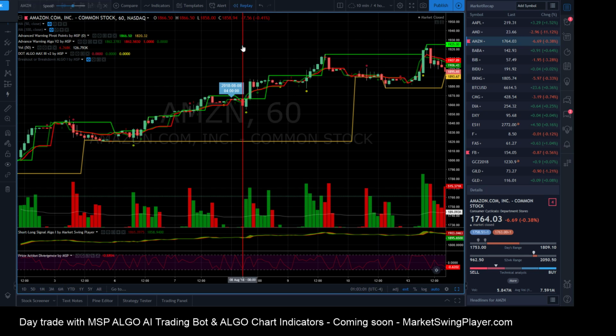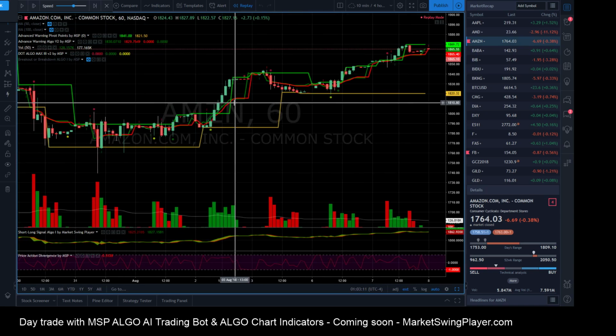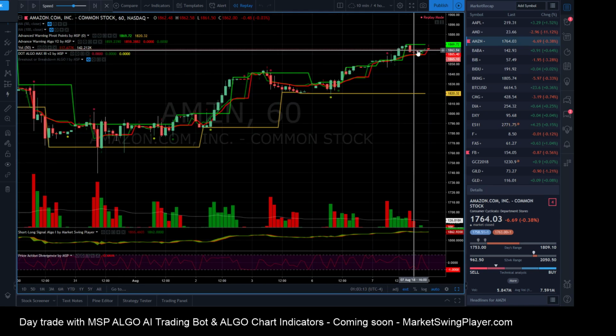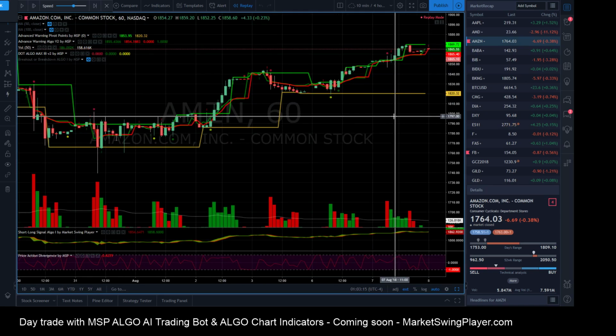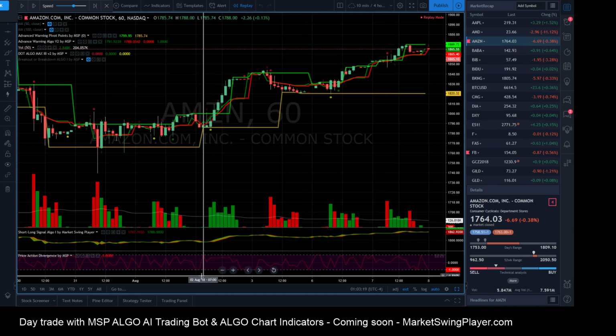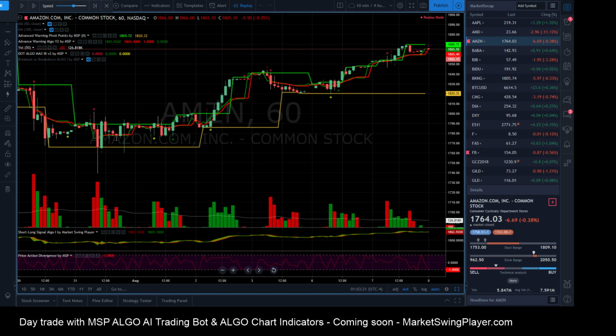I'm going to hit replay so I could just see what I need to see. So we go to the 8th, the market just opened up at 4 a.m. and price is just pretty much going sideways here. So what I'm going to do is I would have put my support and resistance lines of that particular range.